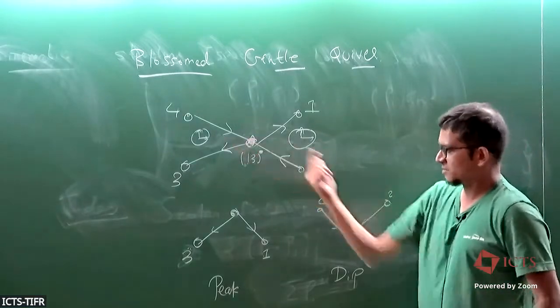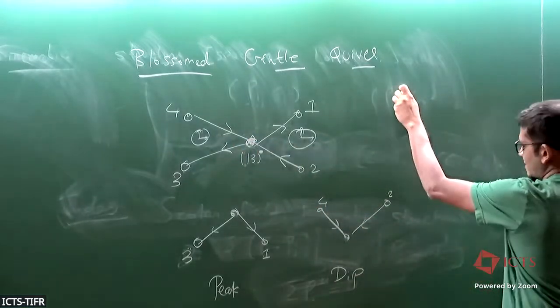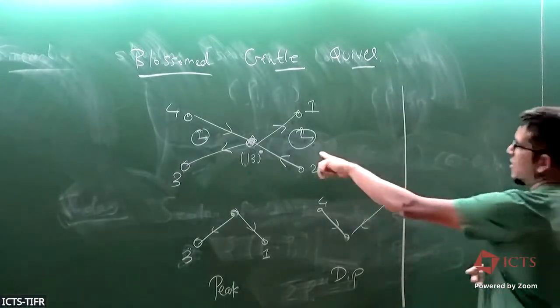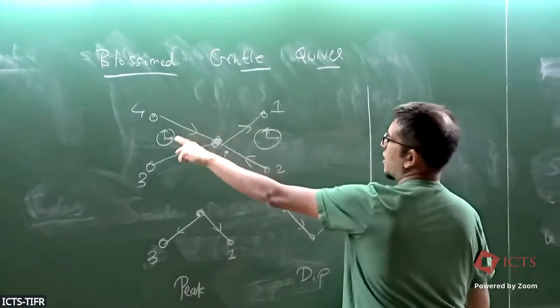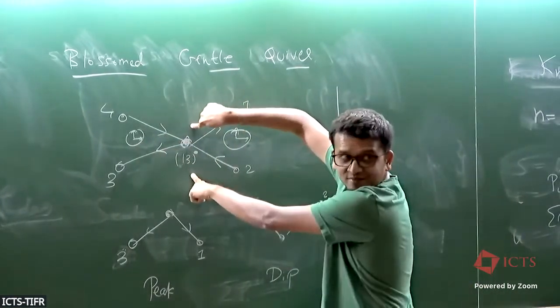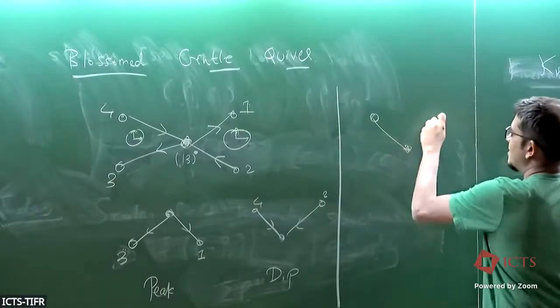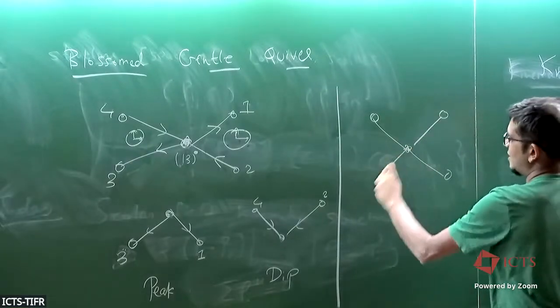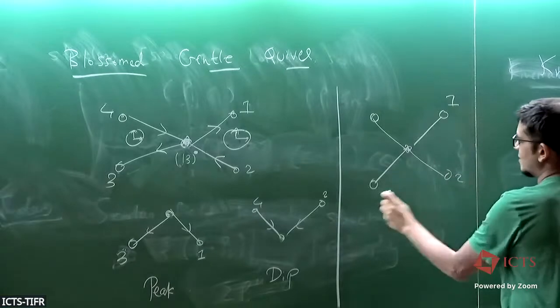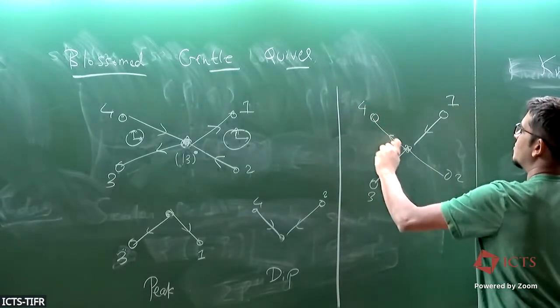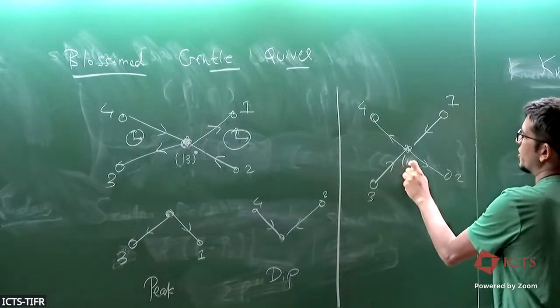Maybe this will answer your question: I could have also put the clocks here and here. Then you can check, you will get this, and I will call this 2, 4 dot.